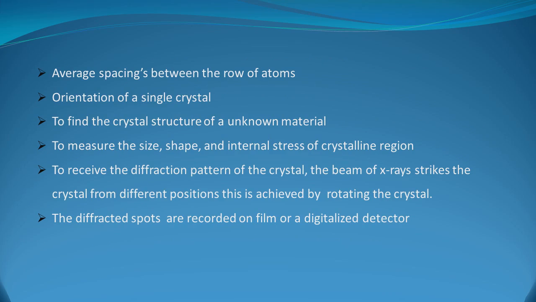The average spacings between the rows, that is the crystal planes, can be easily analyzed by this diffraction technique. There are a number of crystal planes, and the average spacing, the distance d, can be determined by using this method.